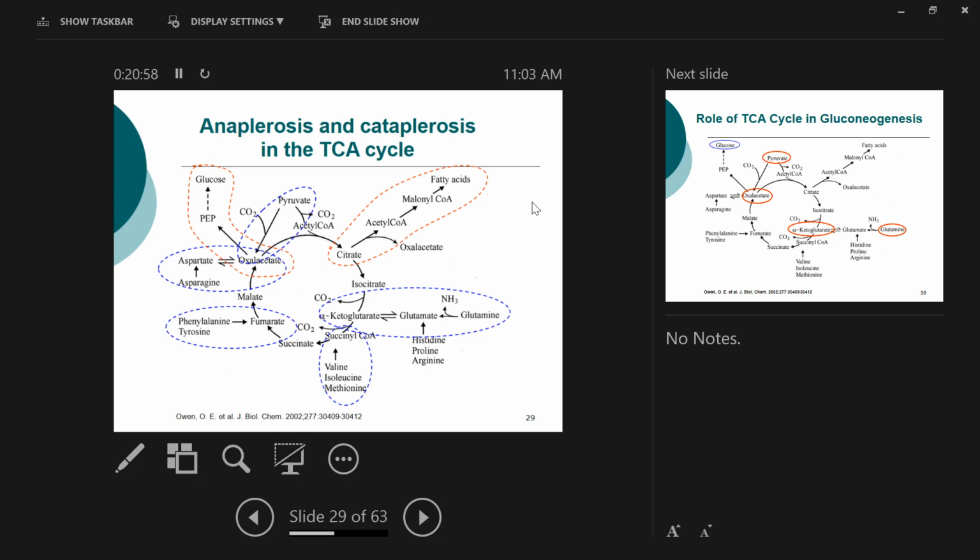And similarly for oxaloacetate, this is also an intermediate of the TCA cycle, but this substrate can be used for gluconeogenesis, right?